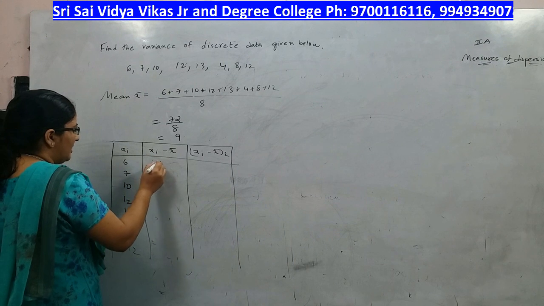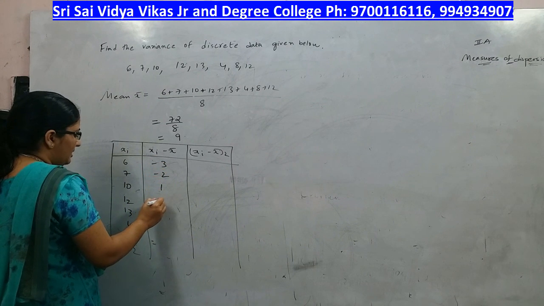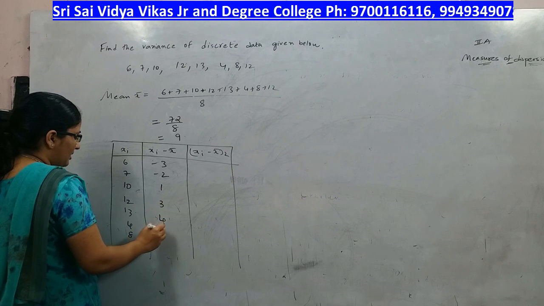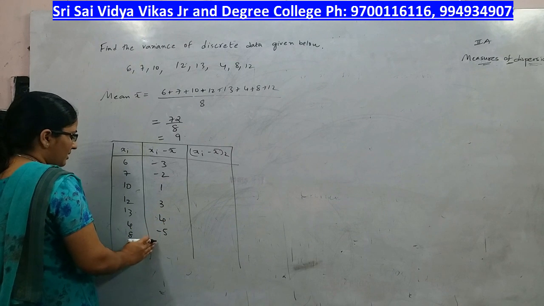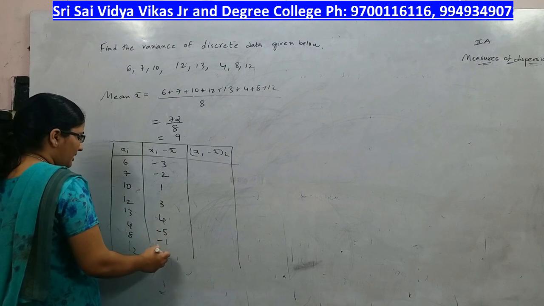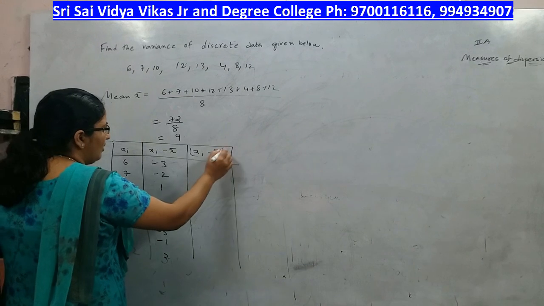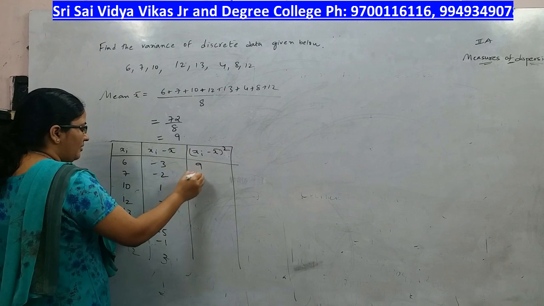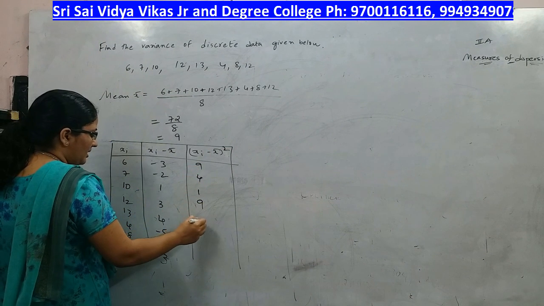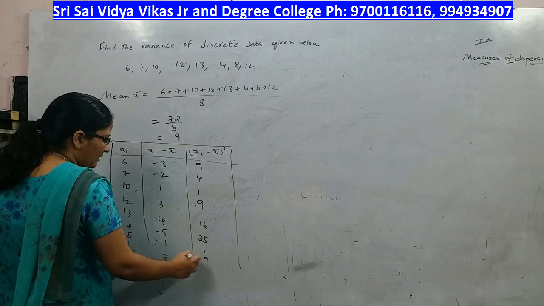Xi minus x bar gives minus 3, minus 2, 1, 3, 4, minus 5, minus 1, and 12 minus 9 is 3. This is what you get. Then you have to do the squaring of it. That is 9, 4, 1, 9, 16, 25, 1, 9.